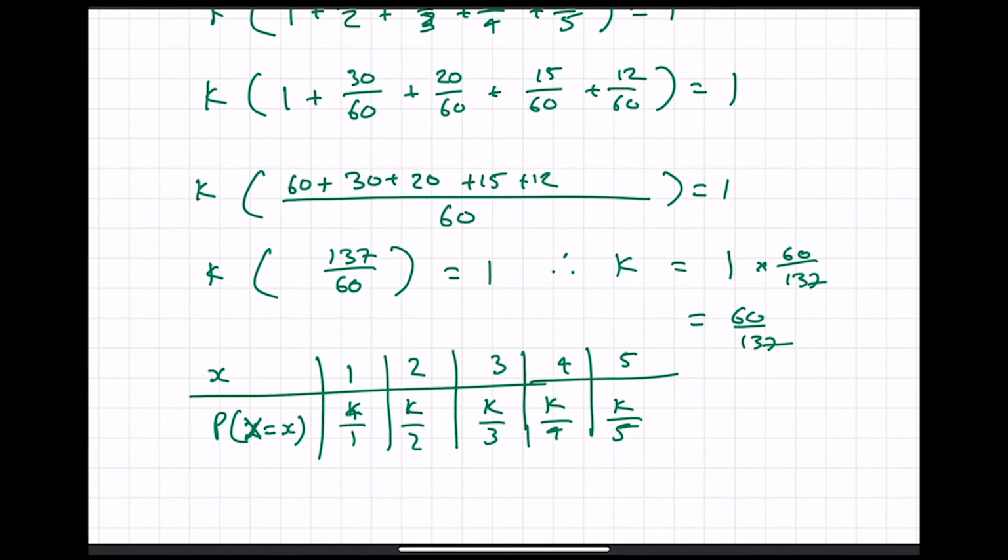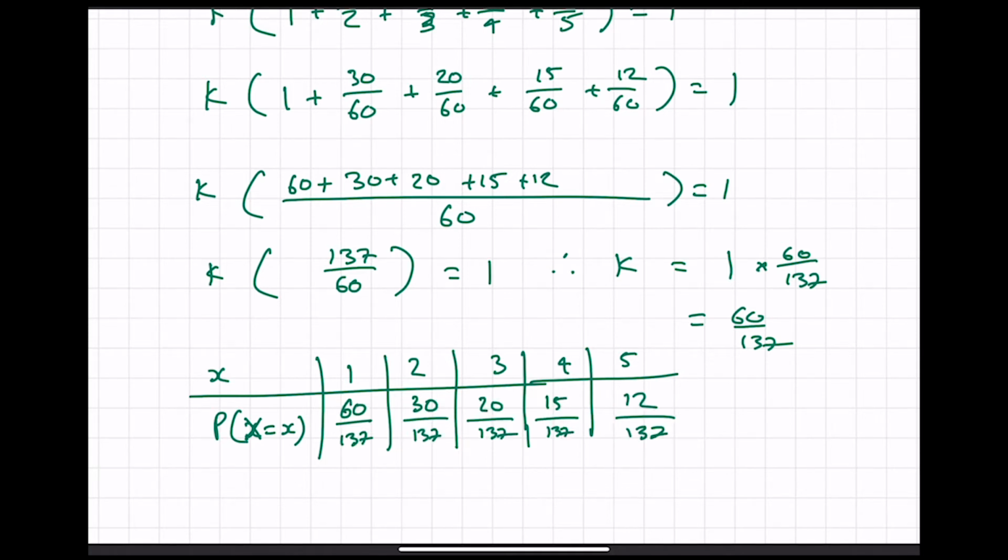So k divided by 1 would simply give us 60 over 137. Then k divided by 2, we have to divide that by 2. I'll just pause the video here and calculate it because it's quite a long one, so I'll do all the calculations and skip ahead.